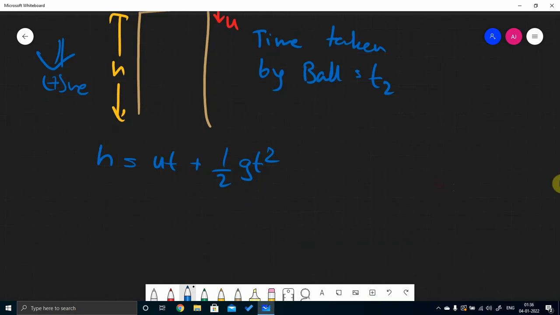Alright, so it's going to be ut plus half gt square minus h equal to 0, right?